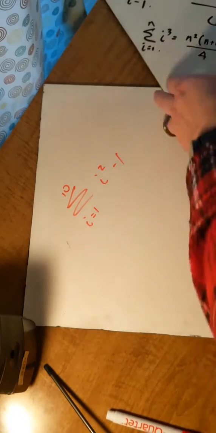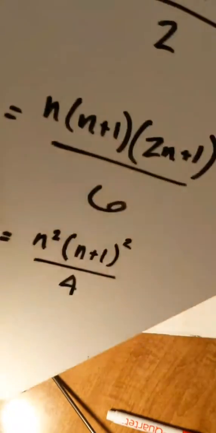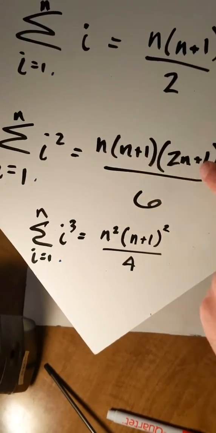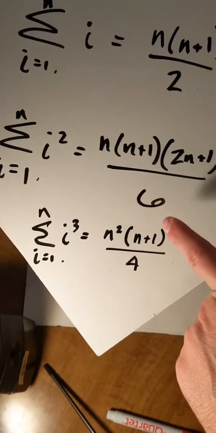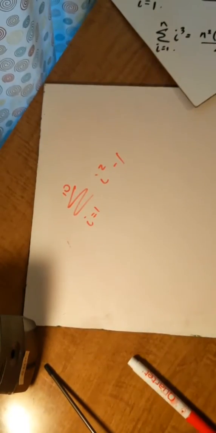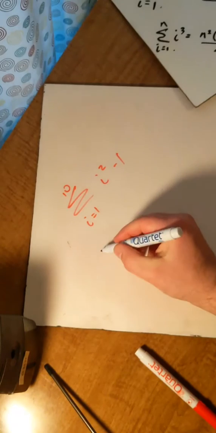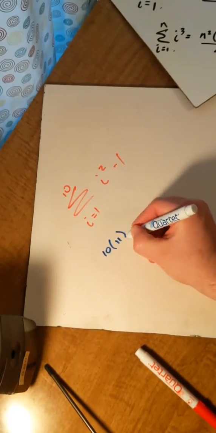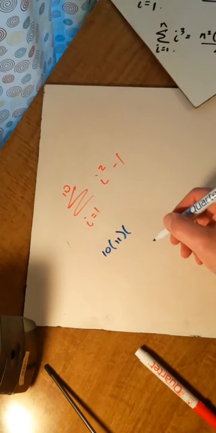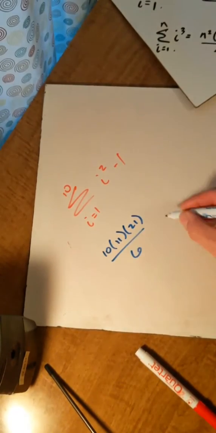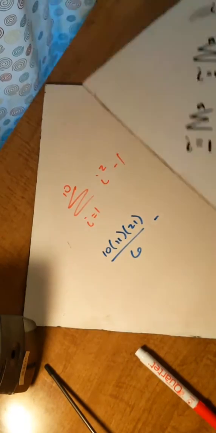Alrighty, so the sum of i squared is n times n plus 1 times 2n plus 1 over 6. So n is 10, times n plus 1, which is 11, times 2n plus 1, which would be 21, over 6, and then minus 1, which is a constant number.